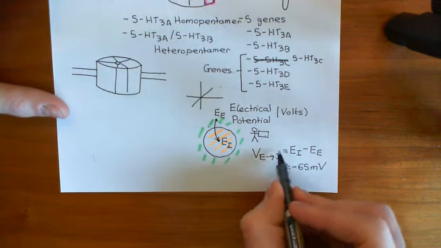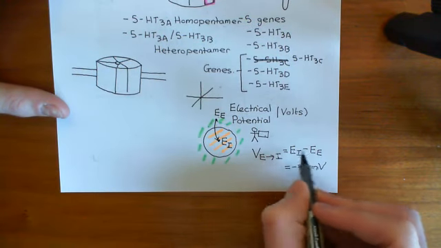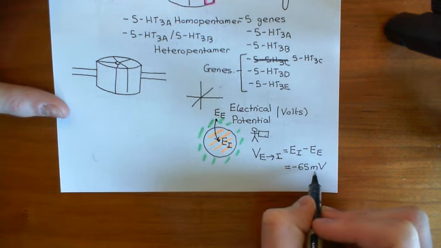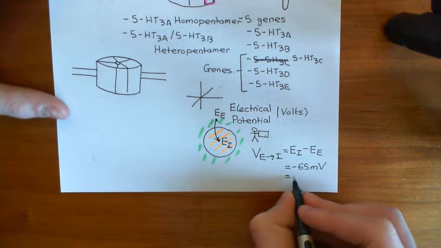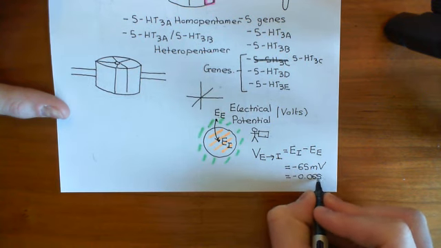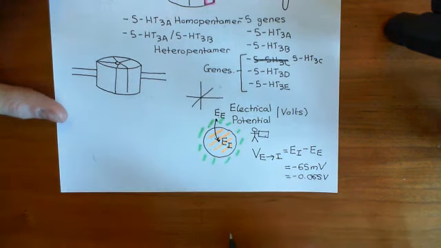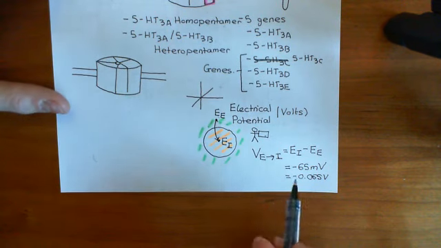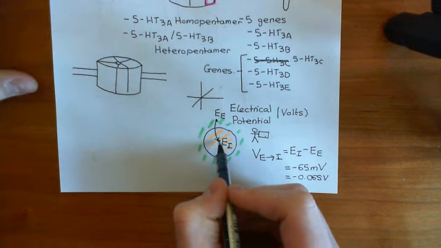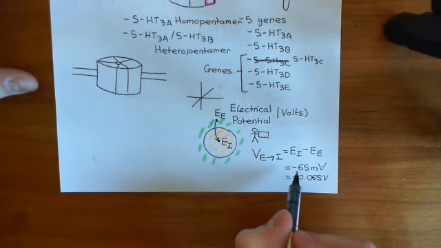So of course the units of that value are still going to be the same as the units here. A millivolt just means a thousandth of a volt. If you like, you can replace this with negative 0.065 volts.